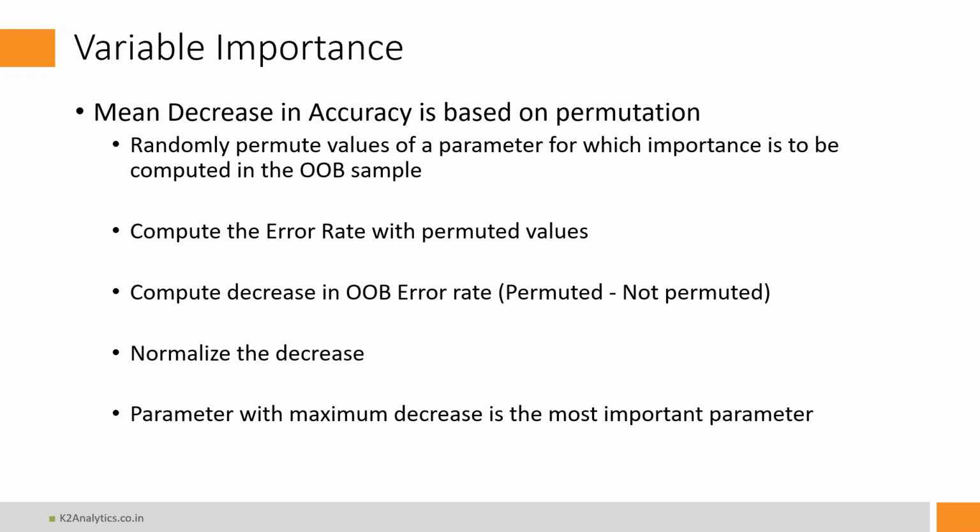I am going to score each record using the overall model. I'll get my predicted class. I'm going to take the predicted class, compare it with the actual class, create a classification matrix, and find out my classification accuracy, that is the overall model performance measure, measured in terms of classification accuracy.